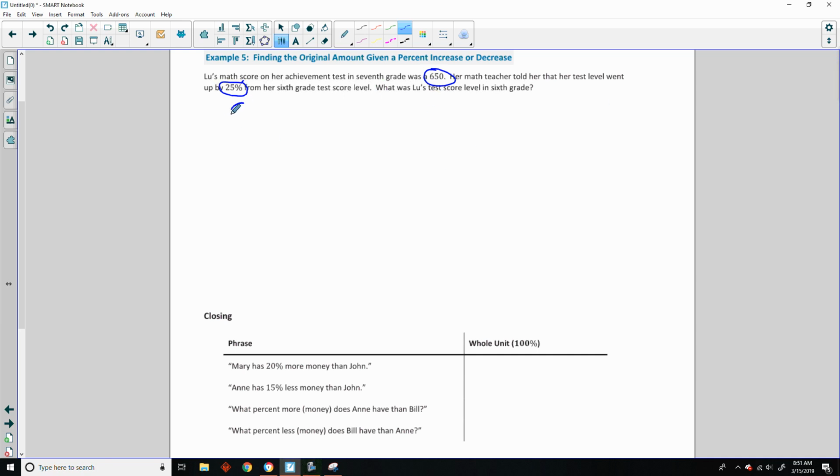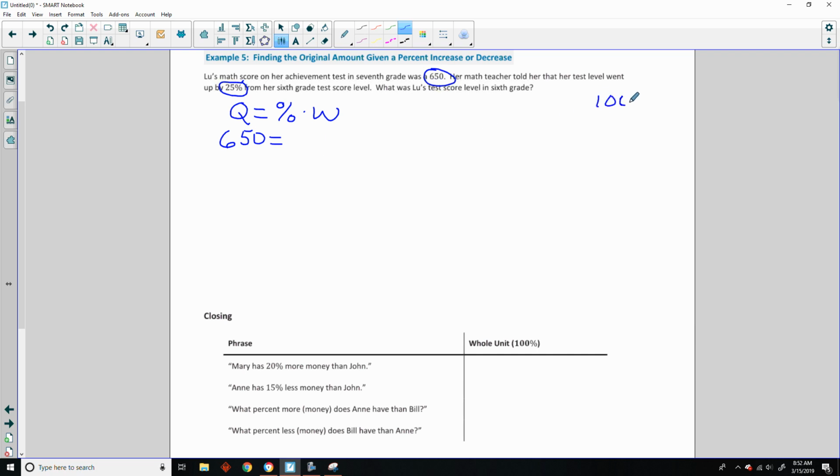All right, so we want to use the equation. Quantity equals percent times the whole. Her quantity now, her score now, is 650. The percent, it's up by 25%.